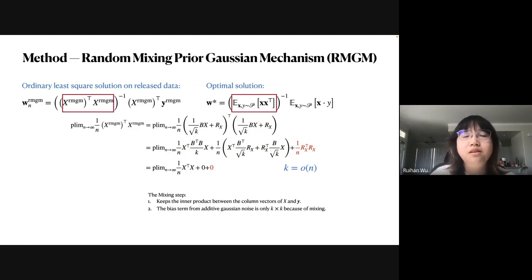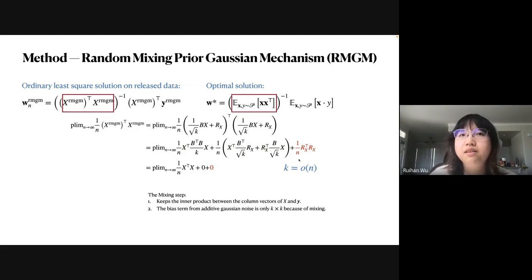First, such mixing step keeps the inner product between the column vectors of X. So that's how the first term in the second line and third line could be equivalent under convergence in probability.